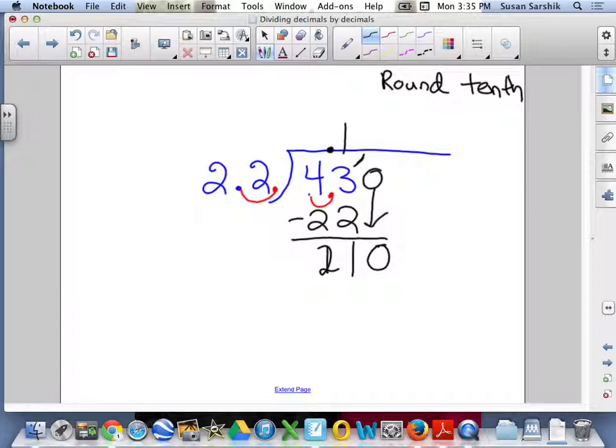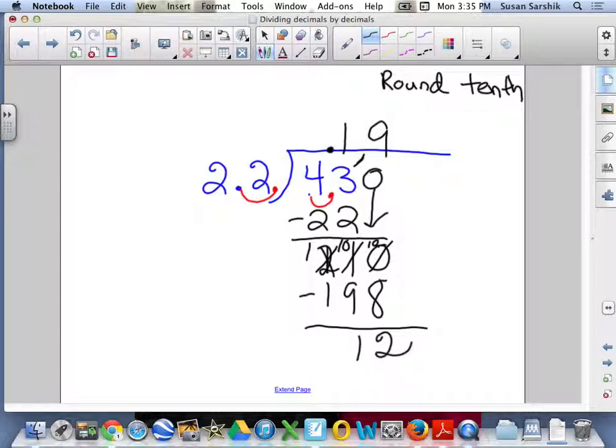Now I'm going to say, how many times does 22 go into 210? I'm going to try a 9. 9 times 2 is 18. 9 times 2 is 18 and 1 is 19. I subtract. This becomes a 0. This becomes a 10. 10 minus 8 is 2. To subtract again, 10 minus 9 is 1.